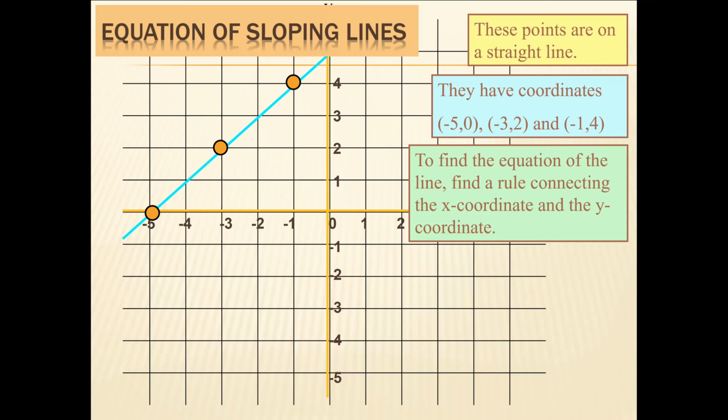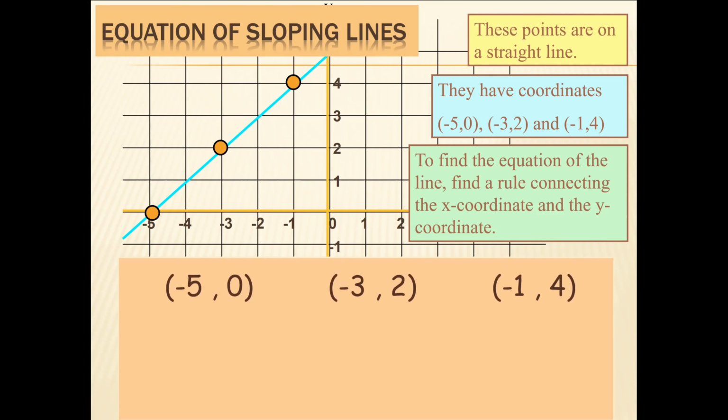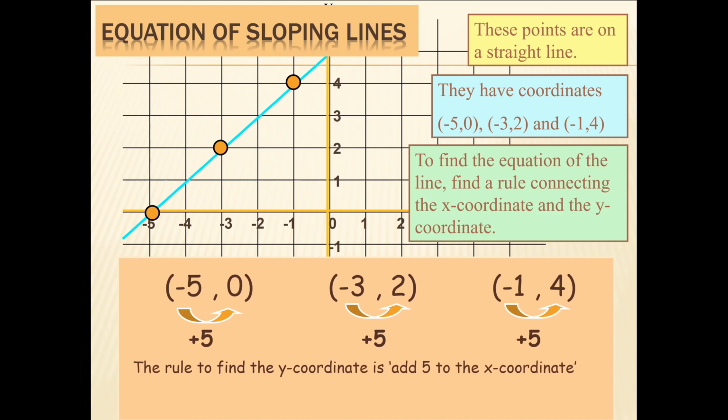So can you connect the x and y coordinates with some relation, some formula, some mathematical operation? Just check this. For x coordinate -5, when you add 5, you get the y coordinate 0. In the same way, for x coordinate -3, when you add 5, you get y coordinate 2. And the same rule is applicable to the third point.